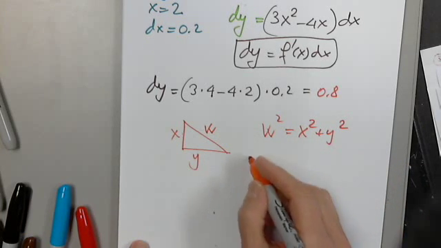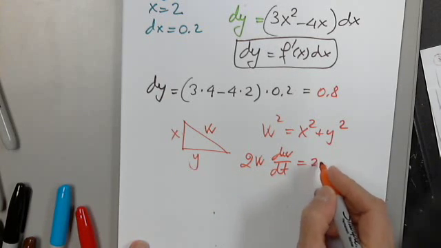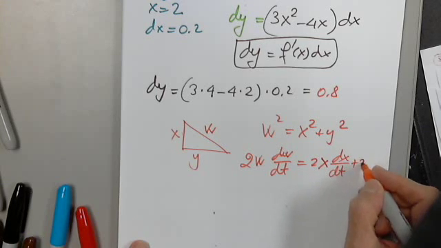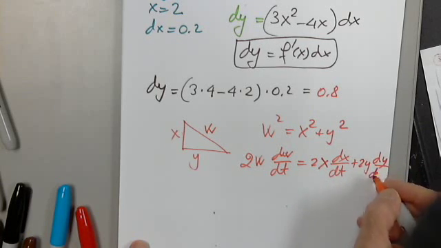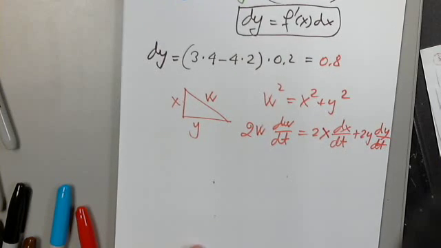And when you differentiate, you have 2w dw over dt equals 2x dx over dt plus 2y dy over dt. So x can be a function, and sometimes x is a function. Good. We want, oh yeah, so 83.